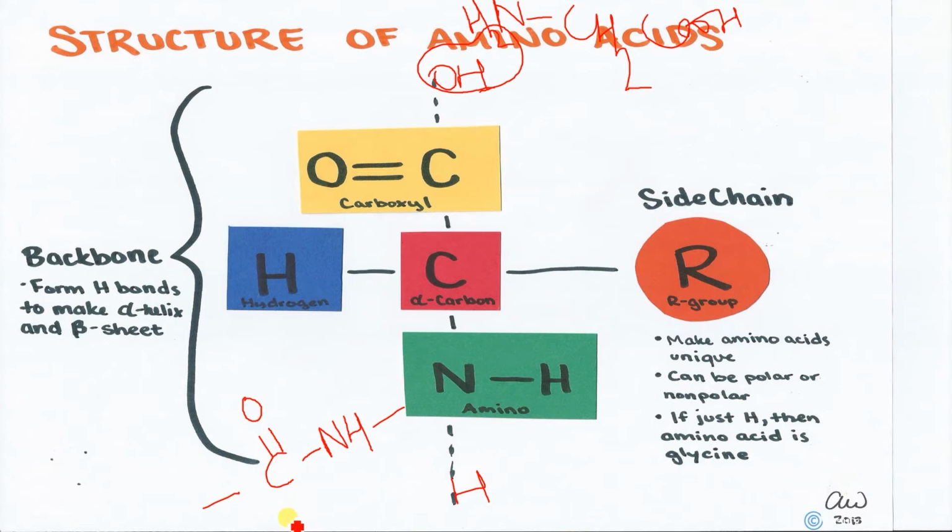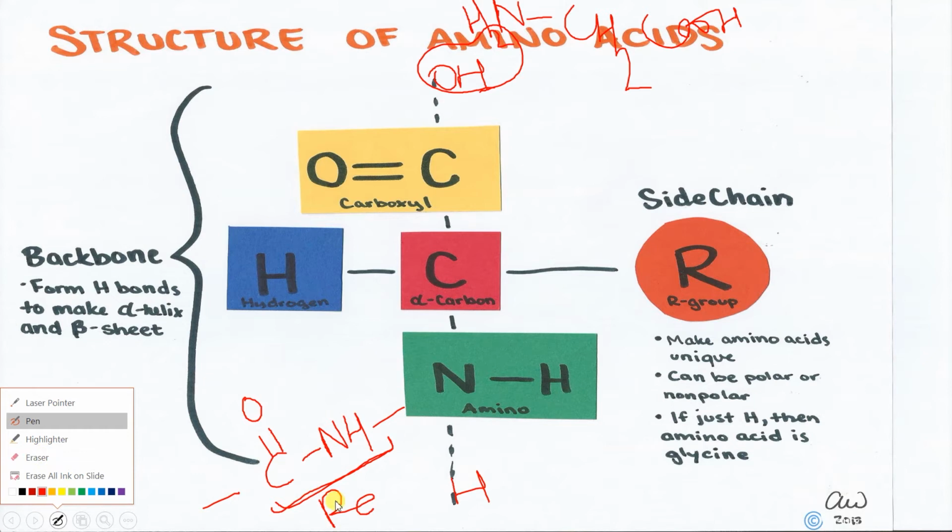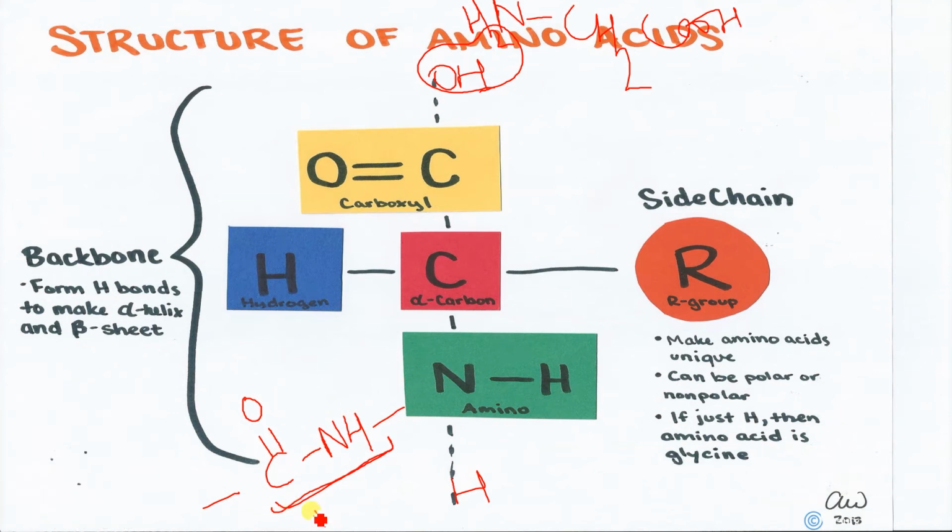Since this bond is called amide bond, and this is in the protein, if it is present, it is called peptide linkage. Sorry, it seems like it is R. This is peptide. P, peptide.